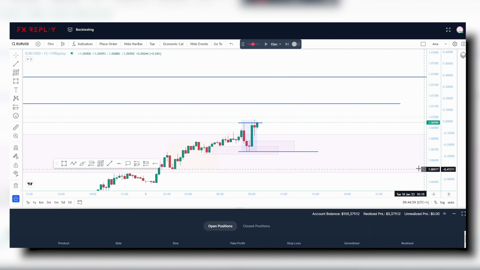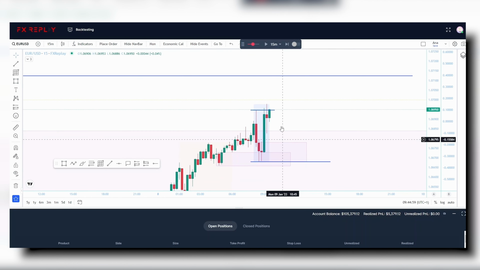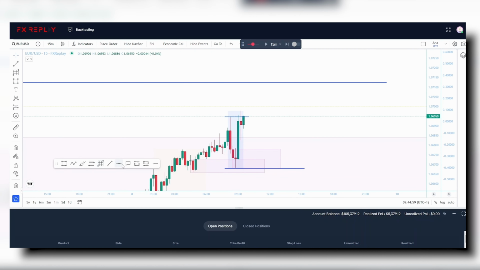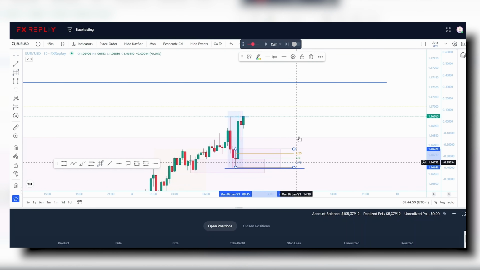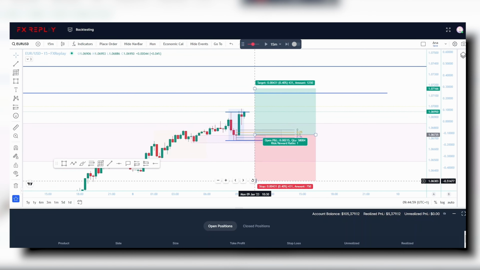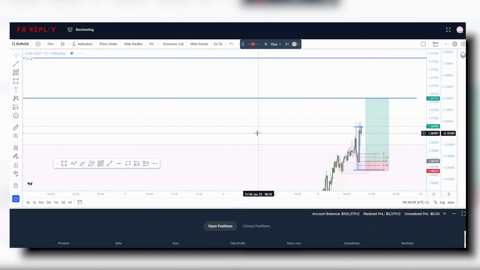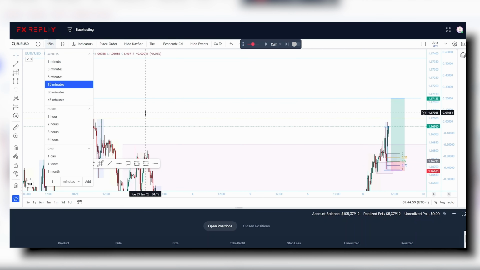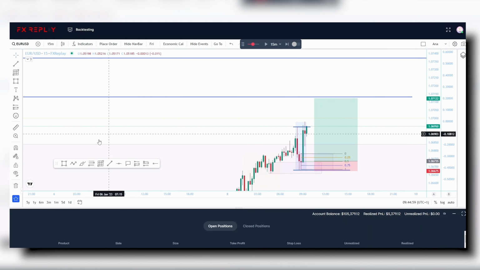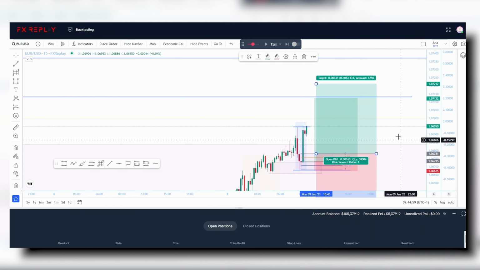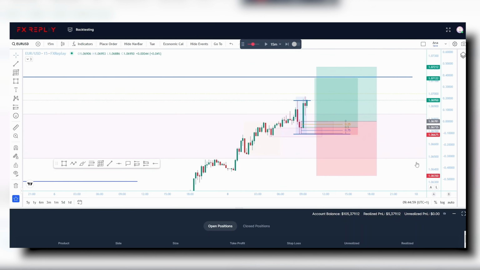So what can we do? Price is most probably creating some internal liquidity here. And we have also imbalance, which is another extra confluence. We can just take the gun box targeting the first liquidity that I marked up, which was this high, and another entry at the beginning of the block.